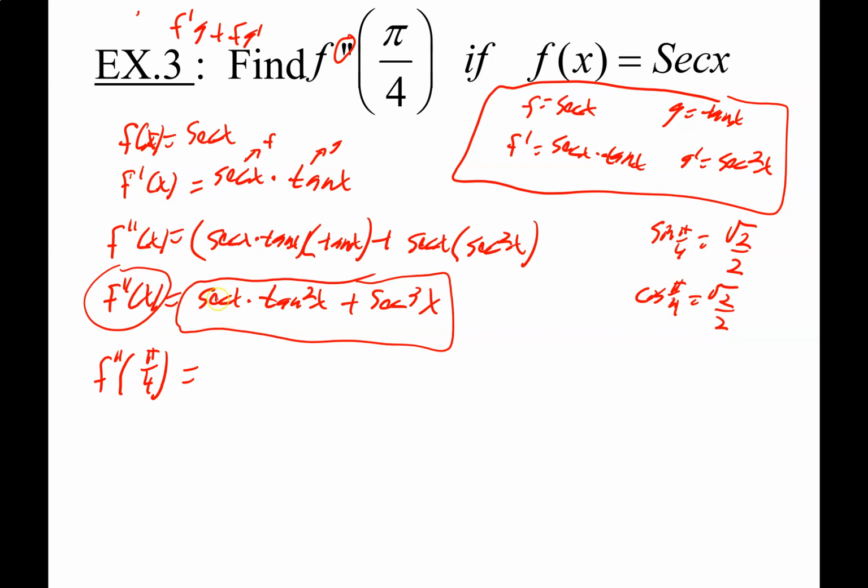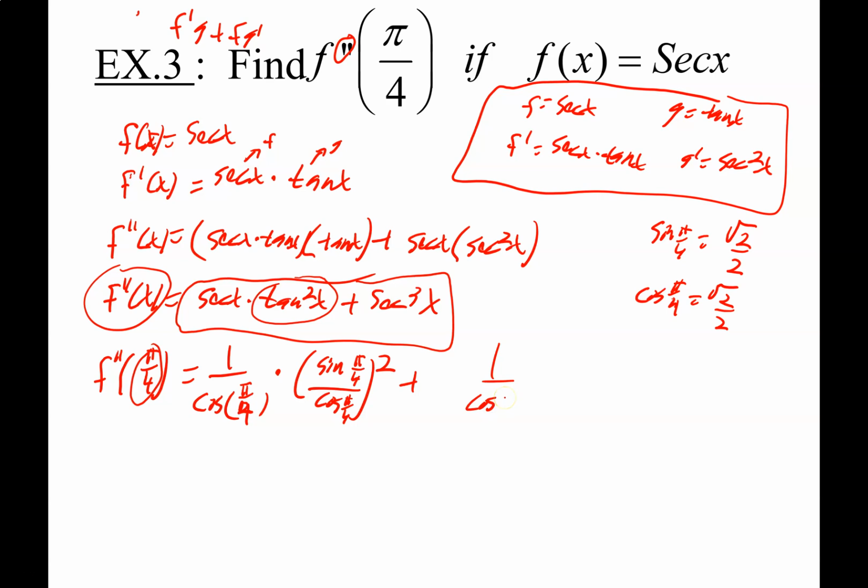So when I say secant of x, I know that's really 1 over cosine, but instead of x, the x value we're going to plug in is pi over 4, times tangent squared, so that's going to be sine pi over 4 over cosine pi over 4 squared, because it's tangent squared, plus secant. Well, we already talked about secant being 1 over cosine of pi over 4, and that's going to be cubed.